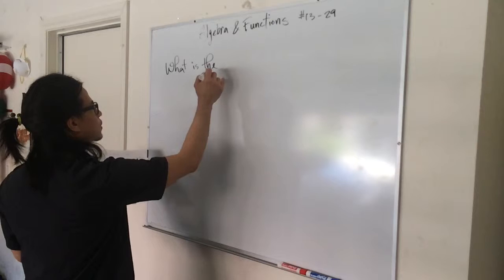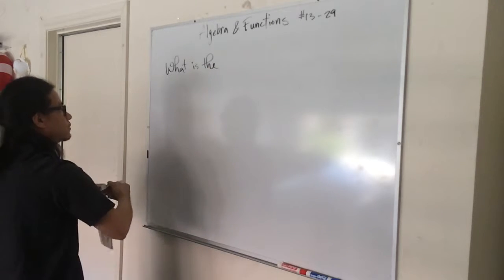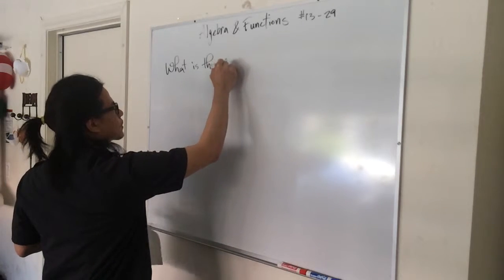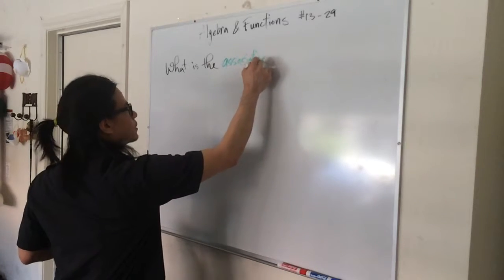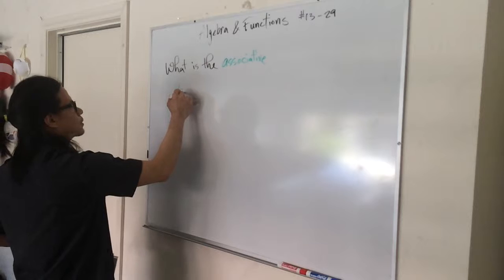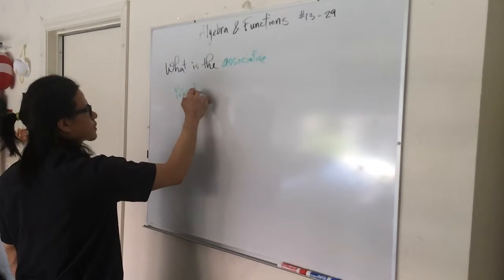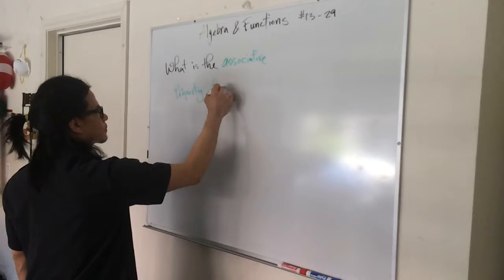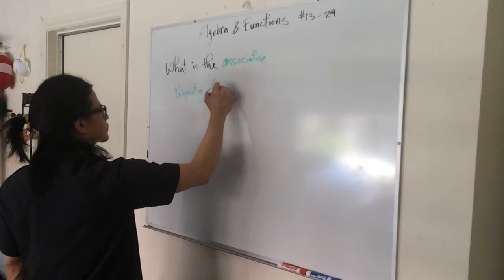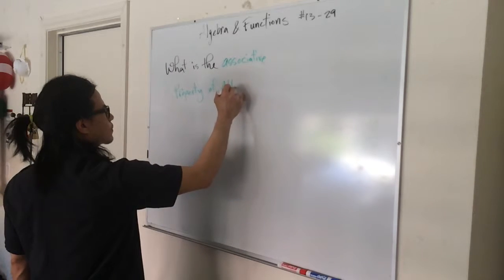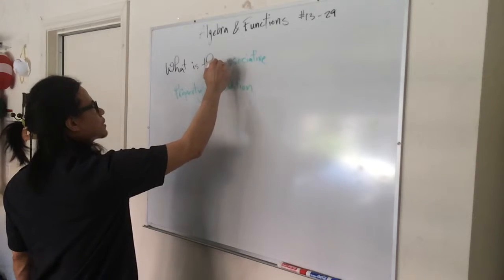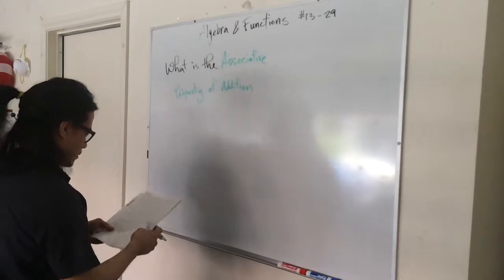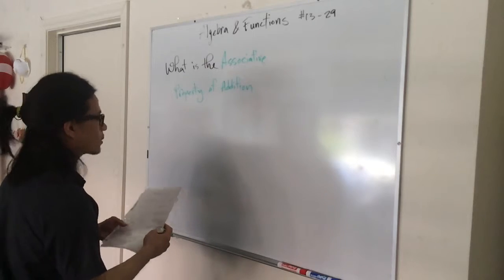The associative property. Okay, so what is the associative property of addition? This is the name of a property, so let's capitalize the first letter there.